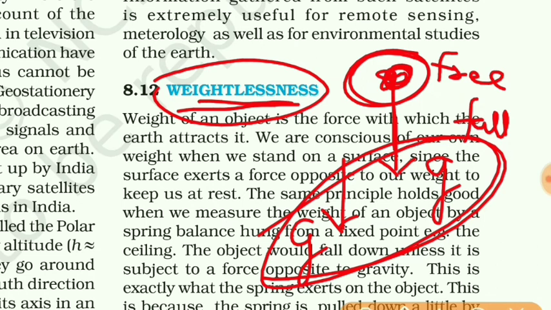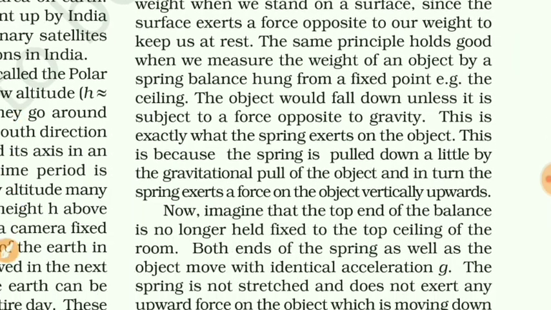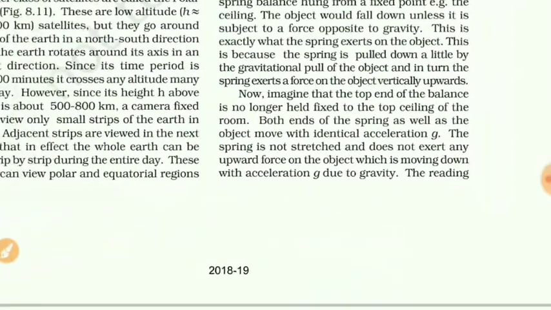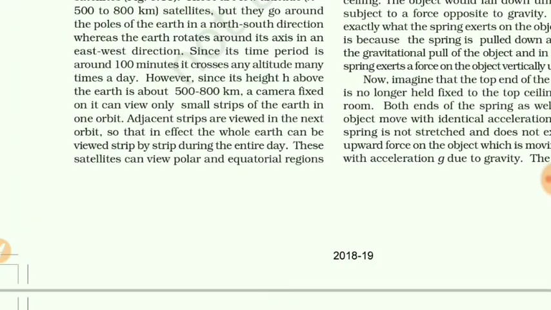Imagine that you are jumping from some height. So when you are jumping from some height, what happens? When you are in the air during free fall condition, you will not experience your weight. So this is the concept of weightlessness.